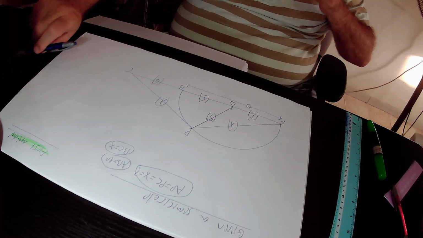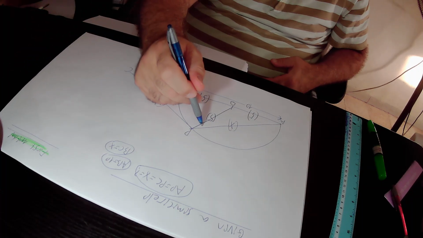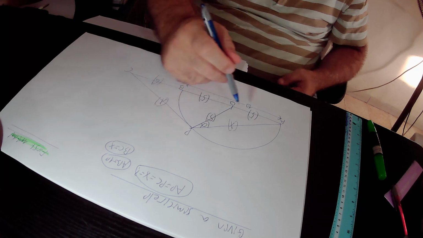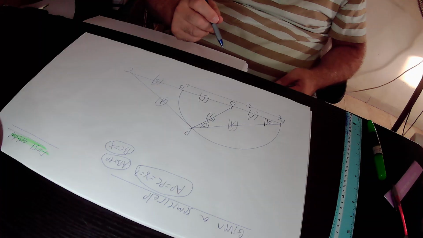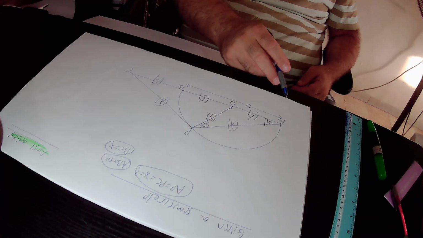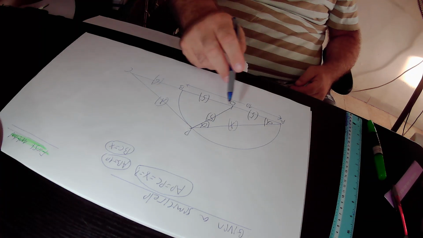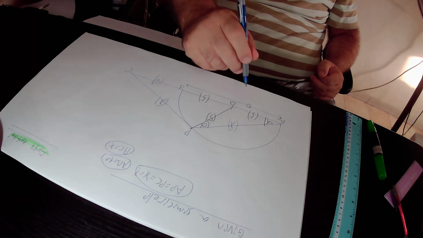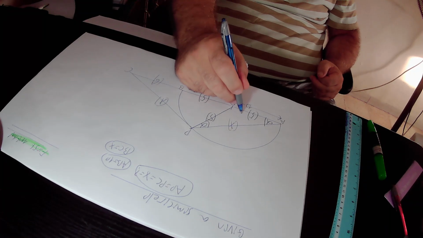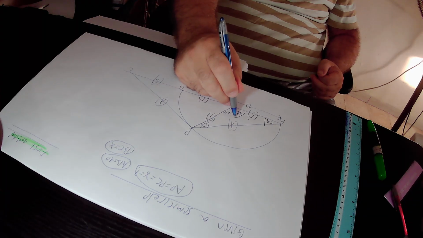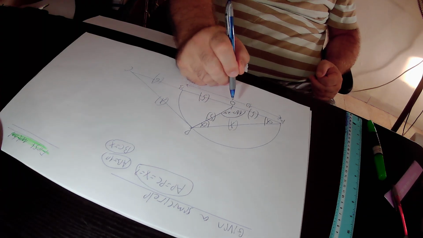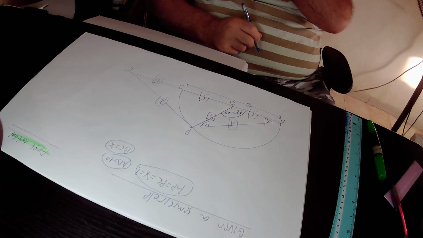If we define the size of this angle as alpha, then the size of this angle must also be alpha. So in triangle AOP, alpha plus alpha is 2 alpha, and therefore this third angle must be equal to 180 degrees minus 2 alpha, according to the rule that the sum of the angles in a triangle is equal to 180 degrees.